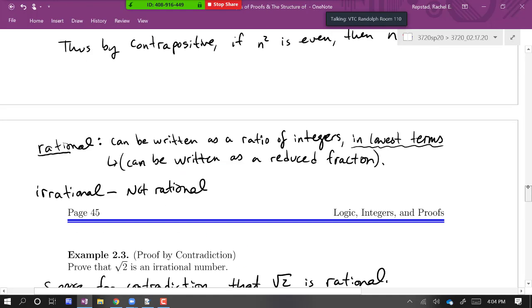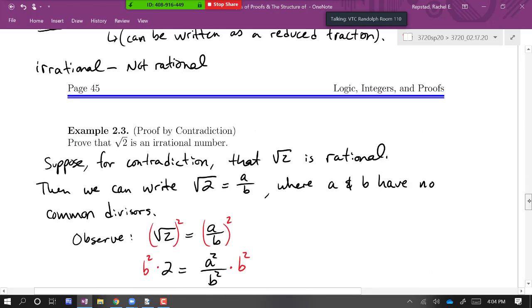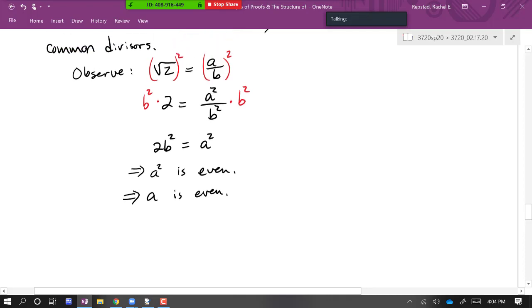We showed that in example 2.2, that if n squared is even, then n is even. So if a squared is even, we know a is even. Awesome. We are making progress. A is even, and we know if something's even, then we can write it as 2 times an integer. So let's do that.